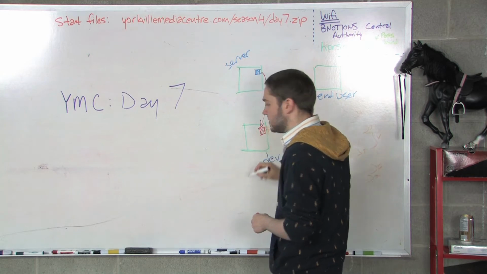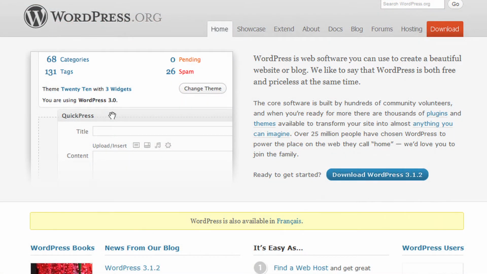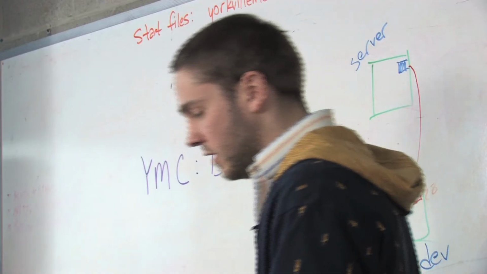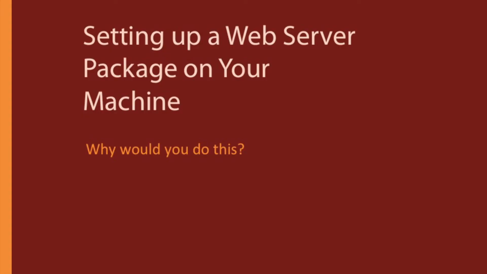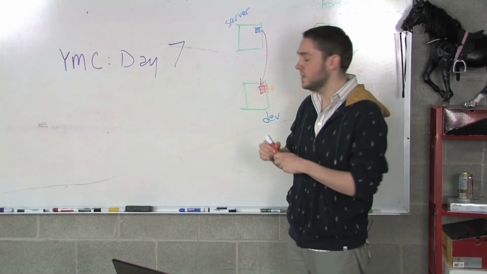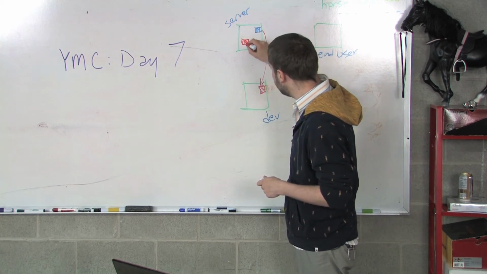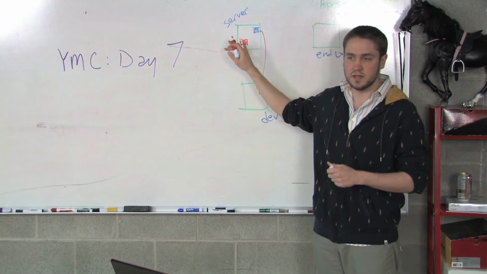And what we're going to be seeing today is that we're going to be downloading WordPress, and we're going to be running it and toying around with it on our own machine here. After we're done making all our tweaks and alterations to WordPress, as we discussed before, when you get a hosting package, you're also getting space on a server, right?